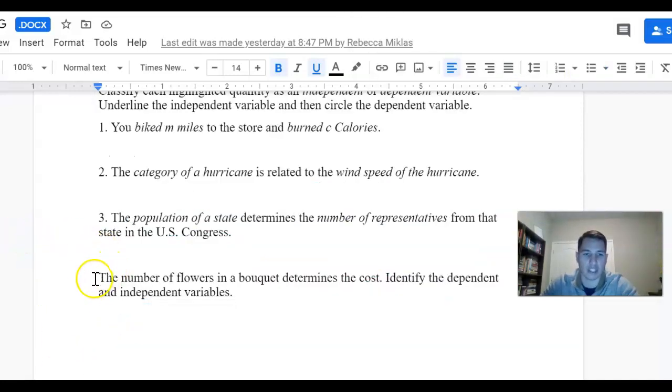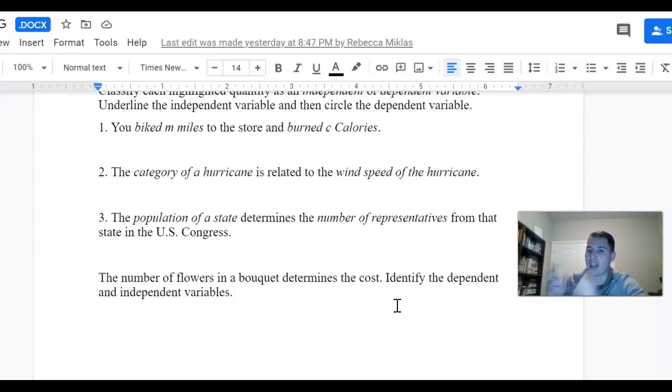Looking at our last question here, the number of flowers in a bouquet determines the cost. Identify the dependent and independent variables. So our two variables here would be the number of flowers and the cost. Which one is the independent and dependent variable? Try it on your own. The number of flowers, the cost. So when you go shopping, do you choose the number of items that you want and then pay for it?